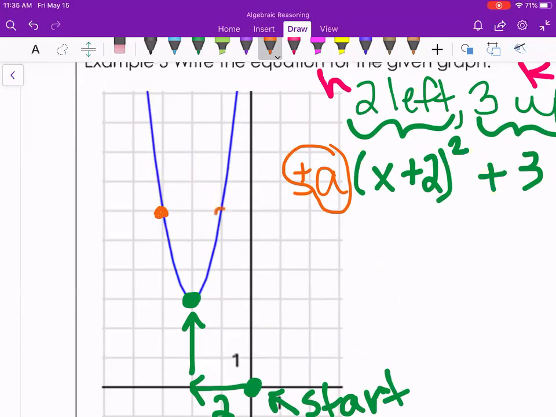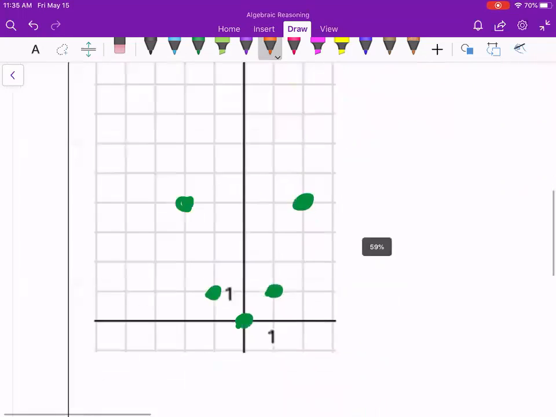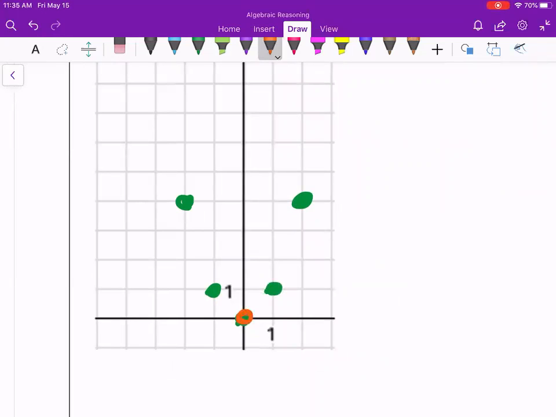So I'm going to use just those 3 points, that little section of graph, to figure out what my A value is. So let's move all of that down to our original, line everything back up where it should be. So again, from that starting point, we went up 3 and out 1. So there's our next 2 dots.